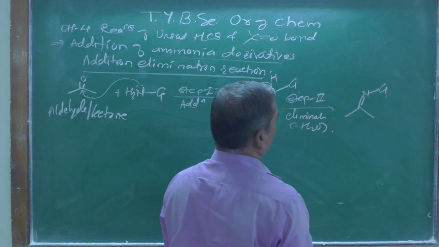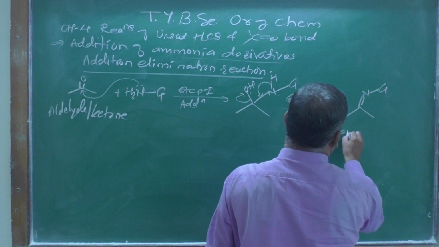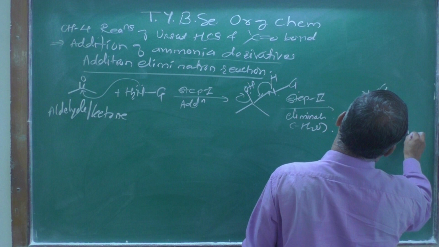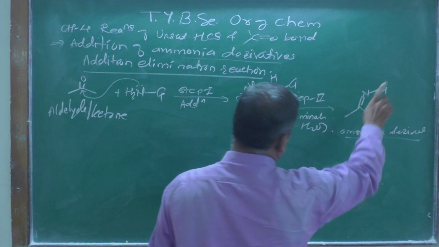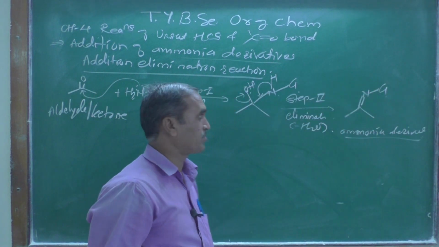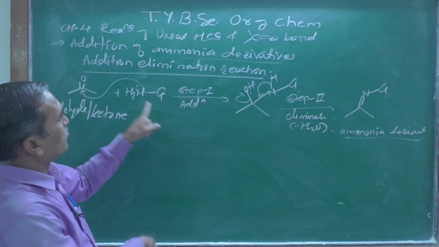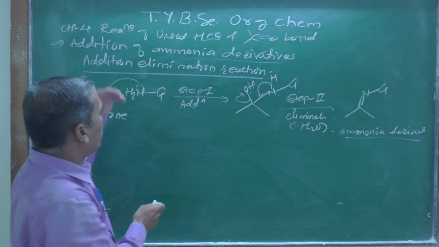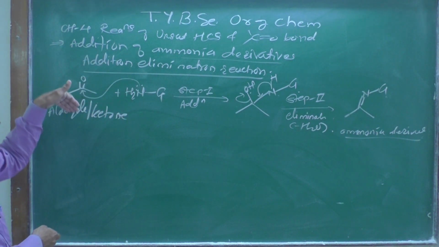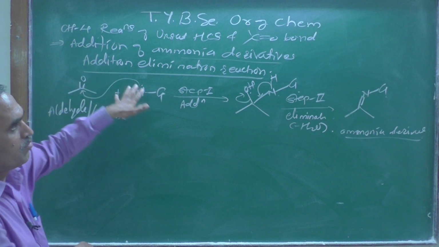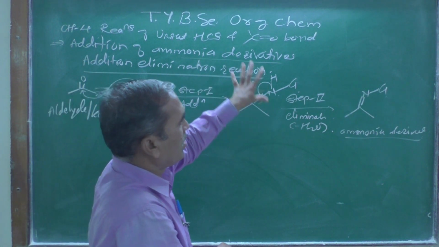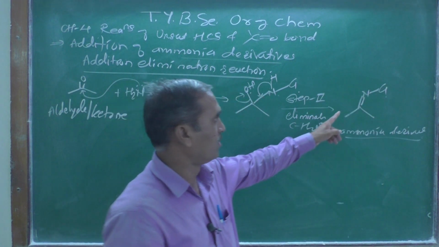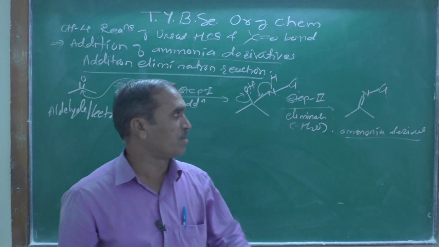This is an ammonia derivative that is formed. This is a general reaction I have written over here. And why is it called an addition-elimination reaction? Because in the first step there is addition of the nucleophile across the carbonyl compound, giving this type of compound, and further it eliminates water, forming the compound called an ammonia derivative.